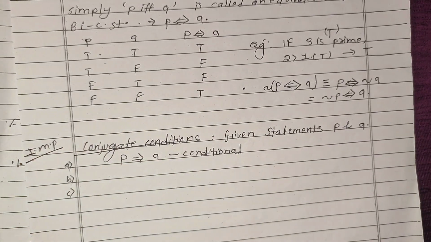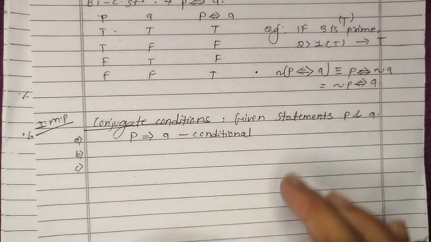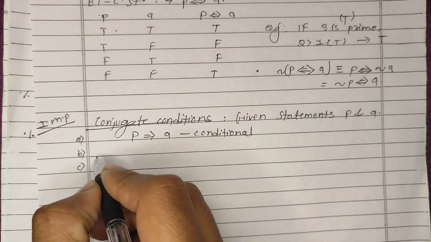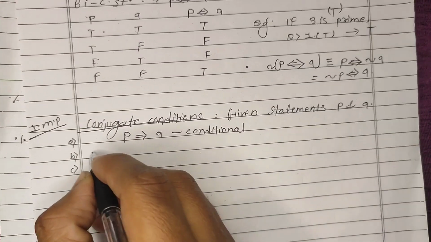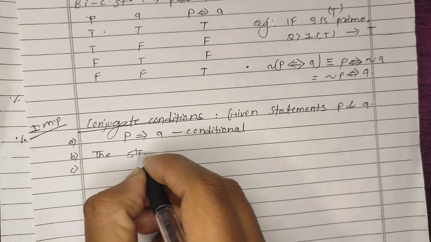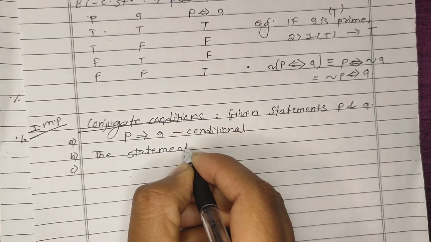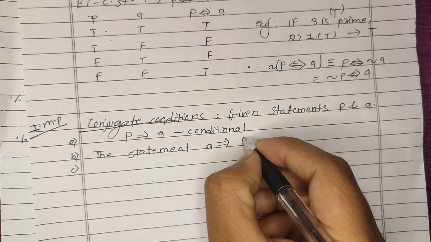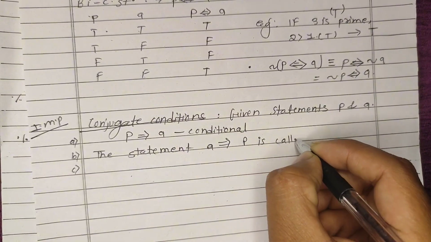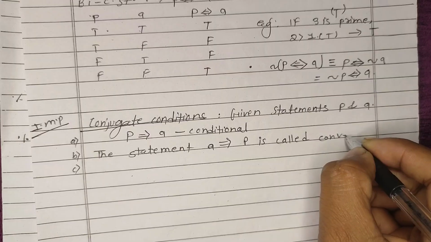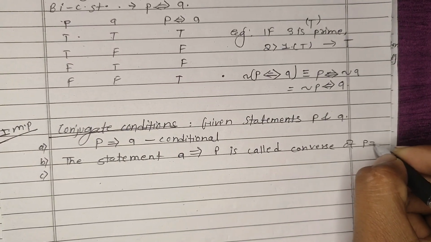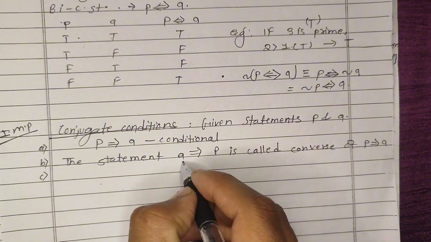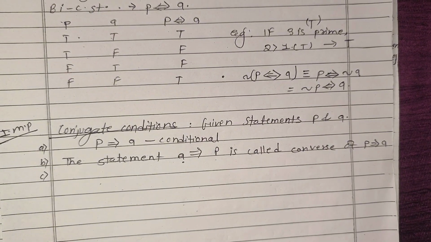All the questions are from these conjugate conditionals. The statement Q implies P is called the converse, that is, we interchange P and Q on both sides.